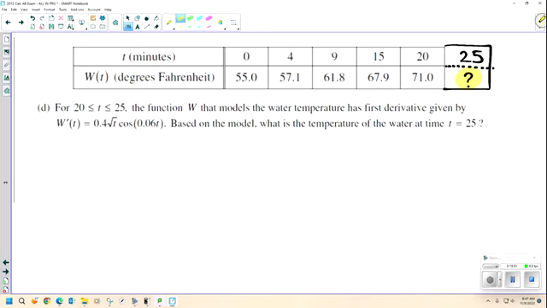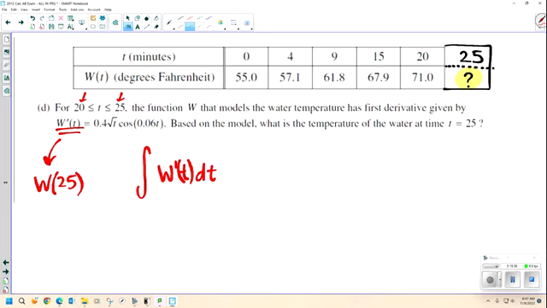They give us W prime, yet we have to find W of 25. And they give us this interval, or let's refer to those as bounds. I know if I integrate the derivative, that would end up giving me the original W.